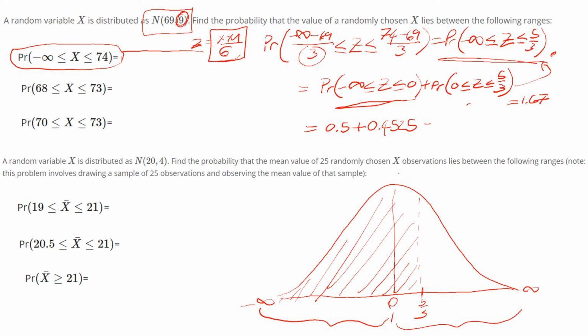Giving us a final answer of 0.9525. So there's a 0.9525 probability that x, drawn from this distribution, lies between minus infinity and 74.